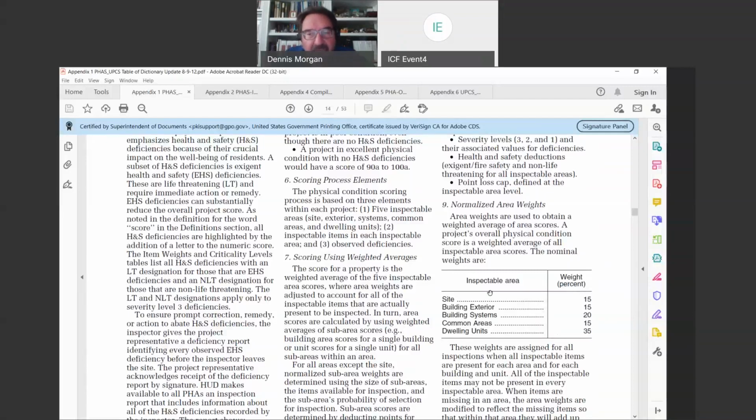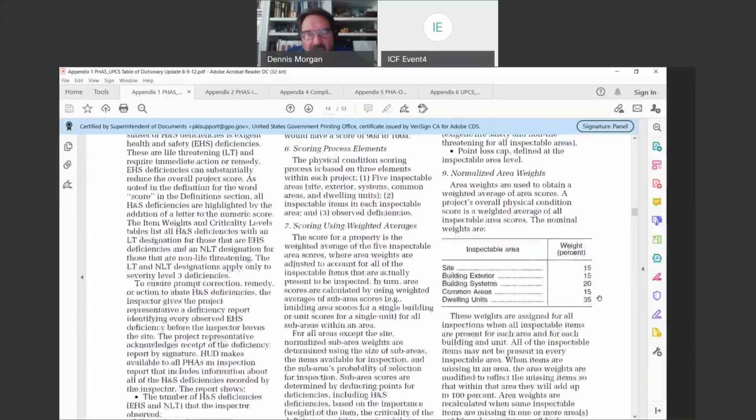Now, if the items don't exist in this area, HUD does not automatically give me points. For example, let's say I don't have a common area on this particular AMP. HUD doesn't just automatically say I'll give you those 15 points. No, what they do is take those points and redistribute them to the other point systems.